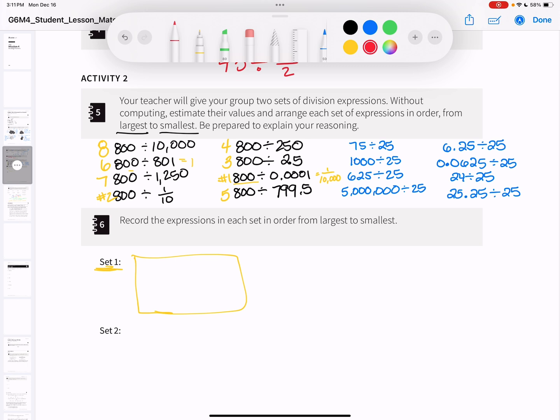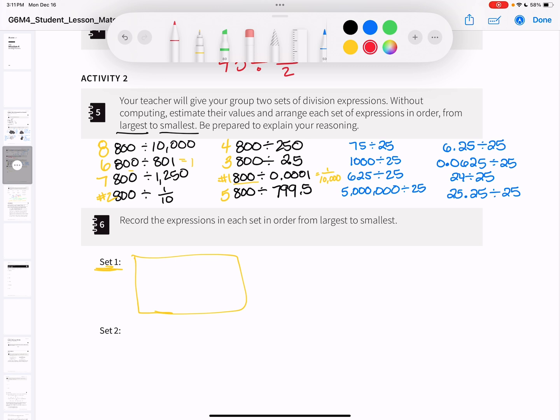Okay, so now we have to look at this as, again, it wants largest to smallest. So our dividend, our whole, has to be really big in order for us to get a bigger quotient. So we're looking for our dividends to be big to small.